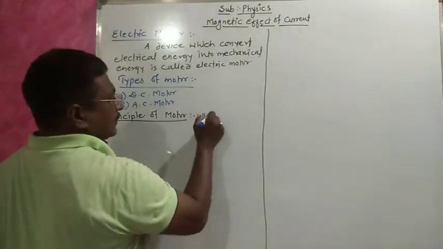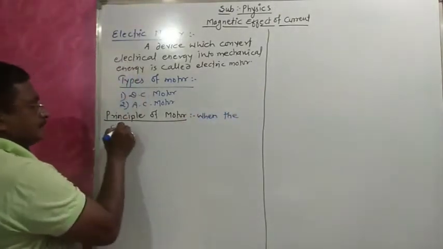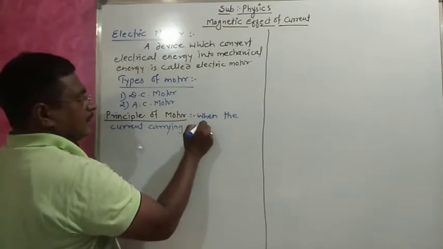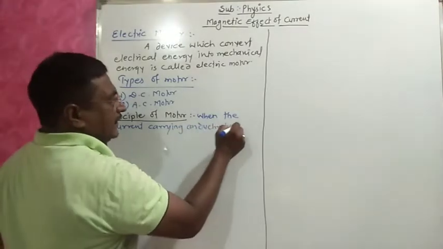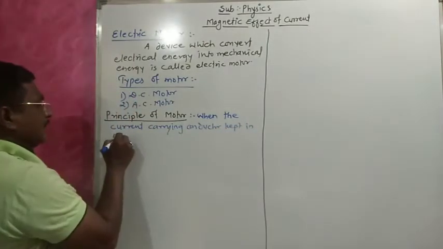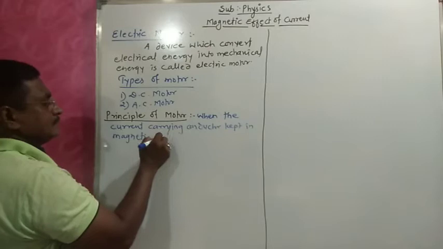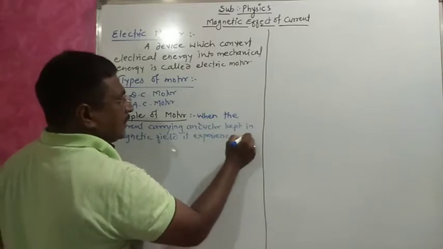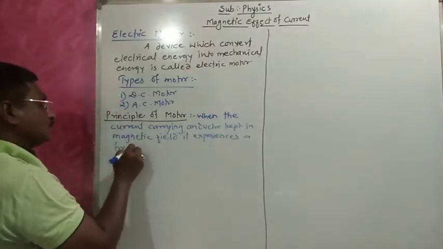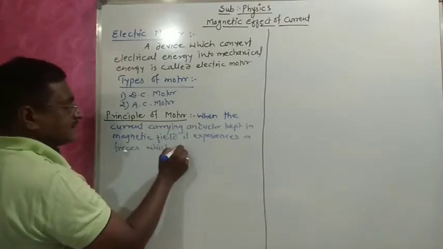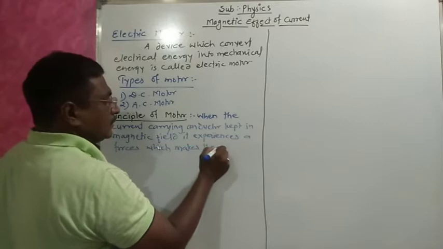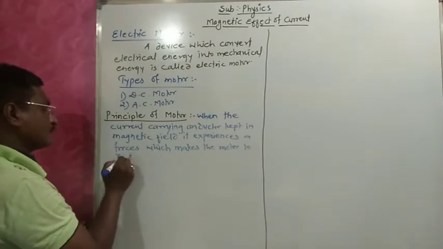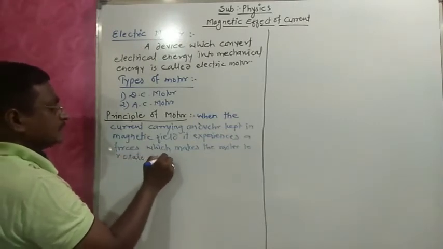So what is the principle of motor? When a current carrying conductor is kept in a magnetic field, it experiences a force which makes the motor rotate continuously.